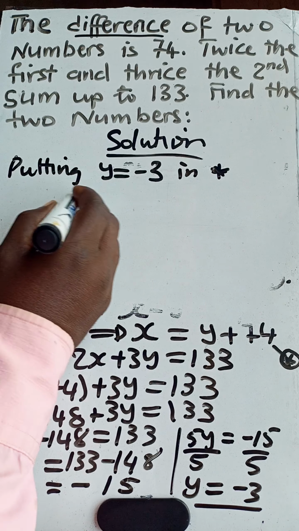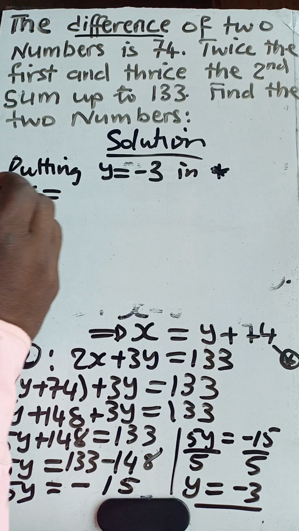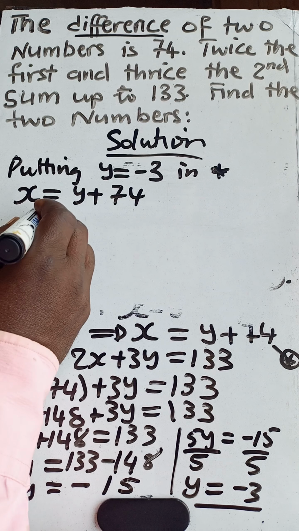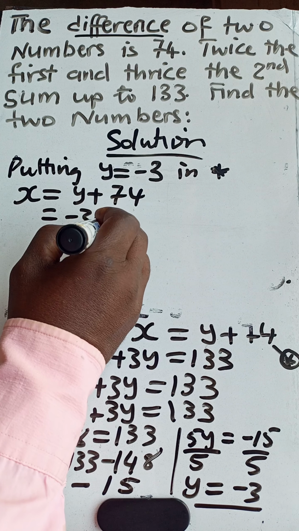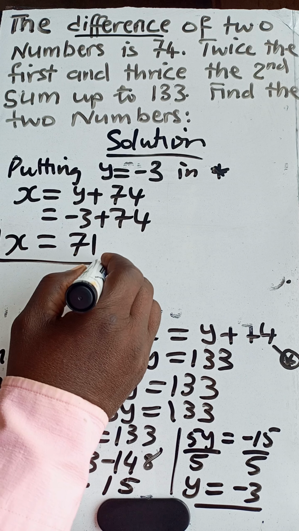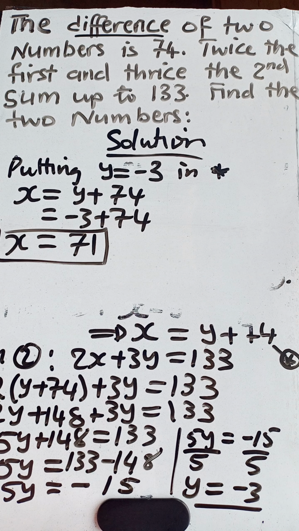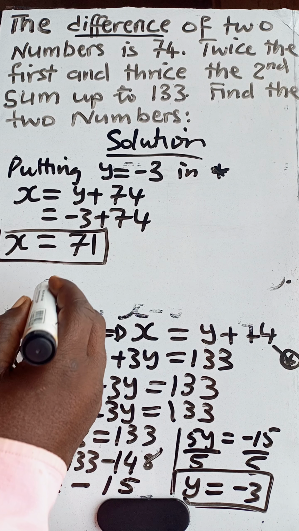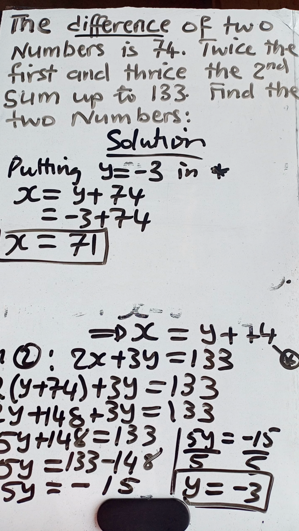Our star is x is equal to y plus 74. That means negative 3 plus 74 will give us the value of x. Negative 3 plus 74 is simply 71. Therefore, the value of x is 71, while the value of y is negative 3. So the two values are x is 71 and y is negative 3.